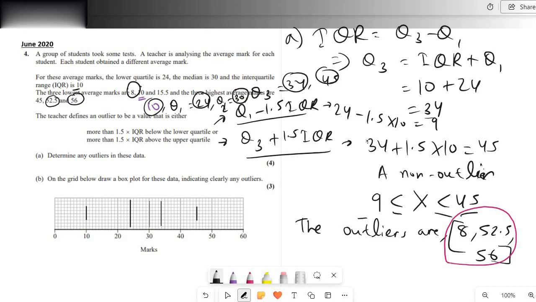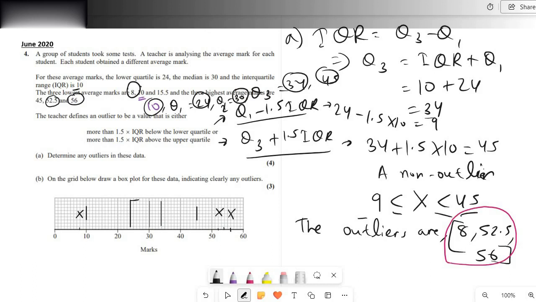And finally, we have the 3 outliers at 8, which is around here. So this is one outlier. Then we have 52.5, which is going to be roughly at this position. So like this. And then we have 56. So this is 2, 4, 6. So this is going to be around here.